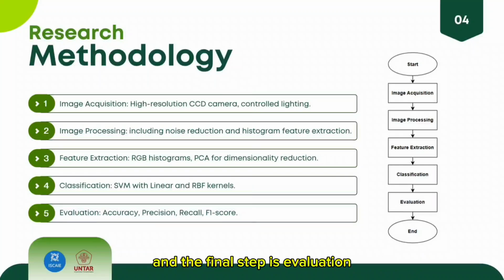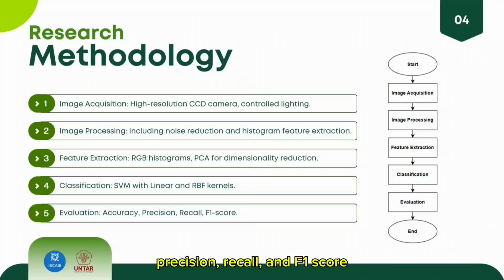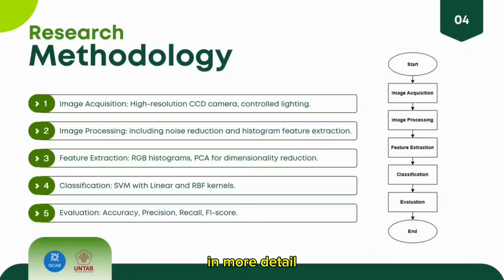And the final step is evaluation. To measure the effectiveness of our model, we use key performance metrics such as accuracy, precision, recall, and F1 score. Now, let's explore how we collected and processed the images in more detail.